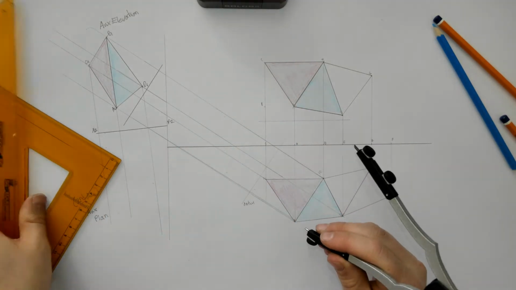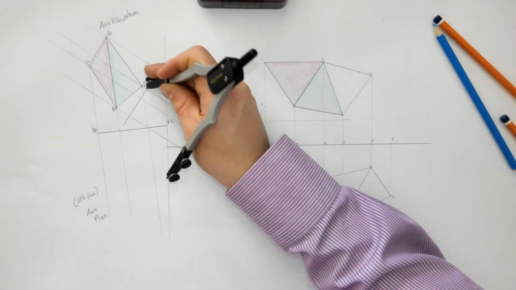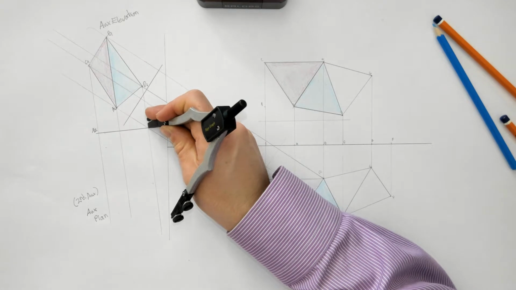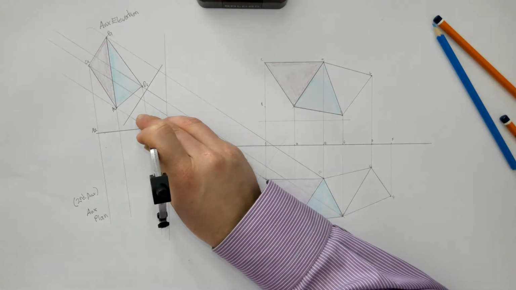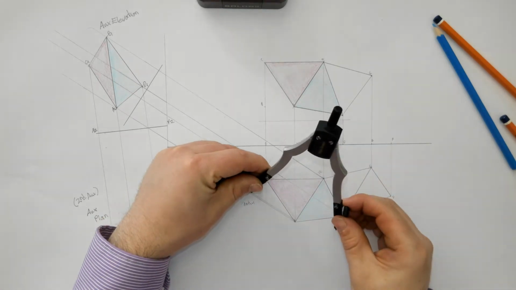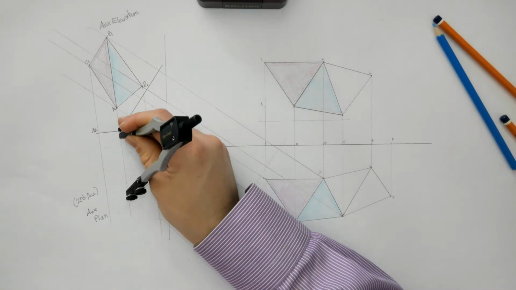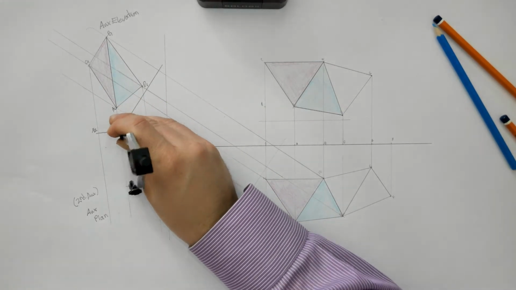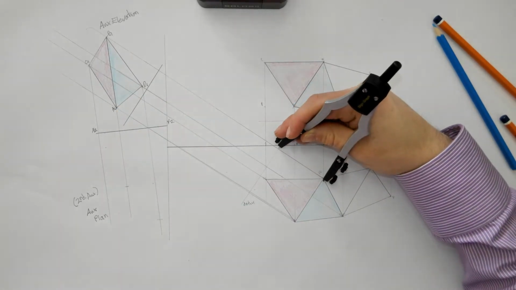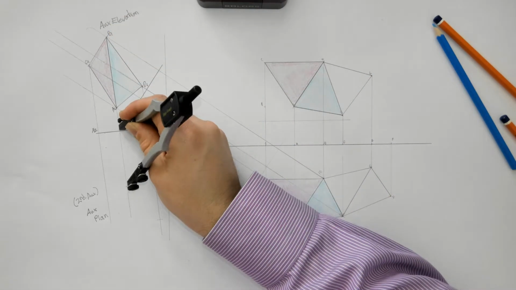Now, that was D, so we're going to go to D1 down along here and mark in there. That's going to be D1. Now we're going to take A and B. So look, there's A1, and B's the same, so follow B, it's the same.